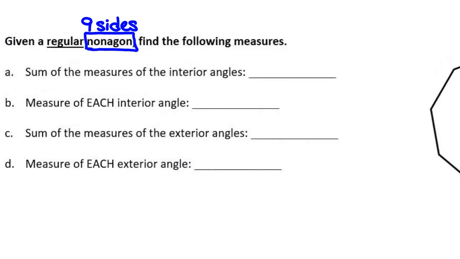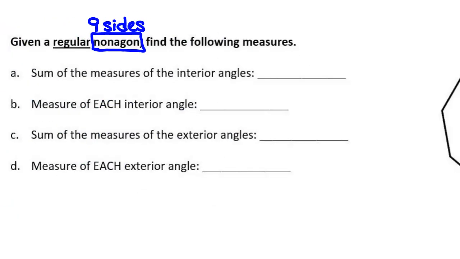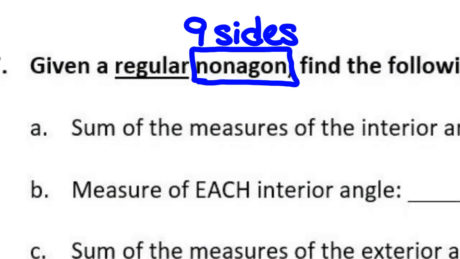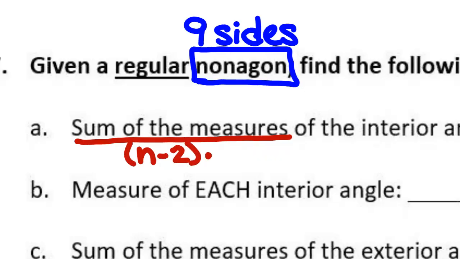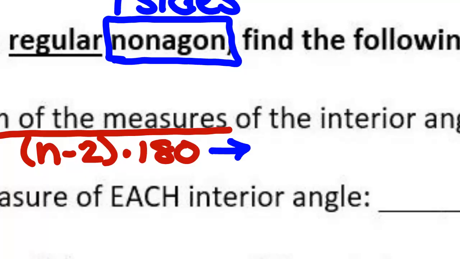The sum of the measures of the interior angles. This one we just wrote down a formula for. How do we find the sum of the measures of the interior angles? N minus 2 times 180. So we're going to do that for this nonagon.